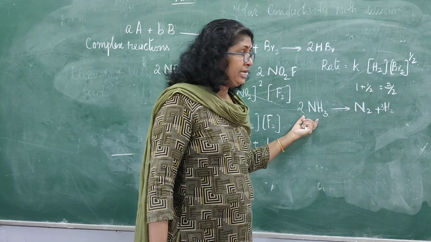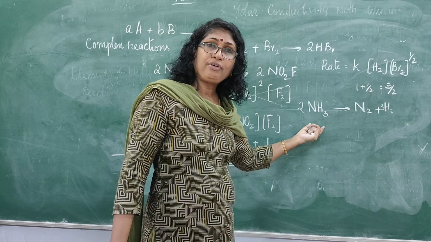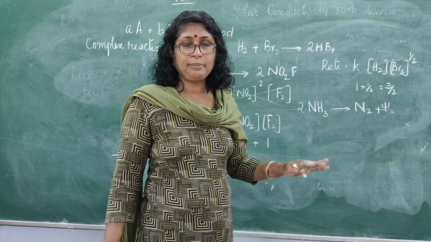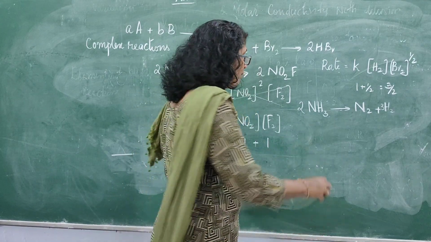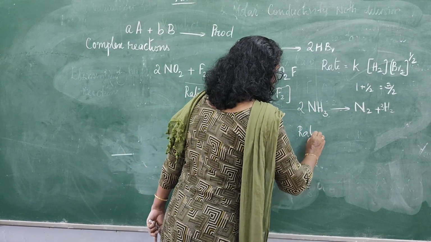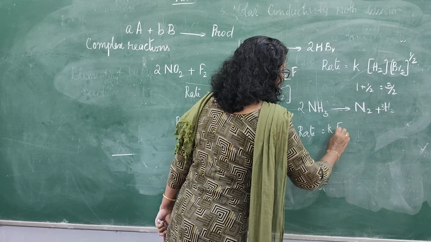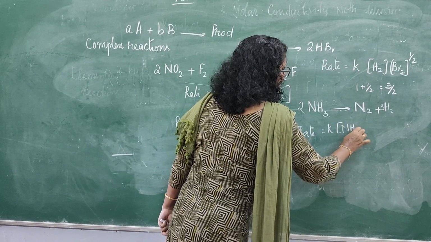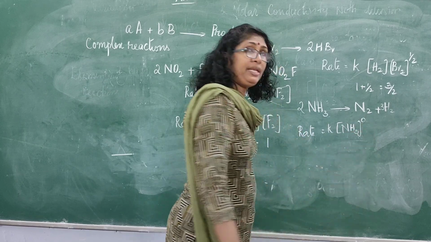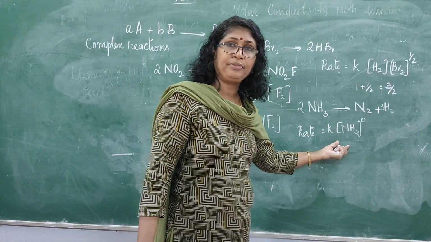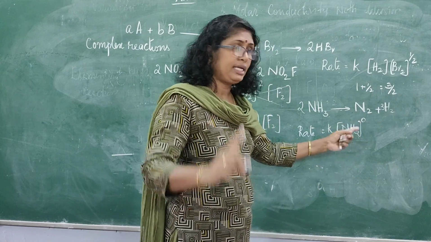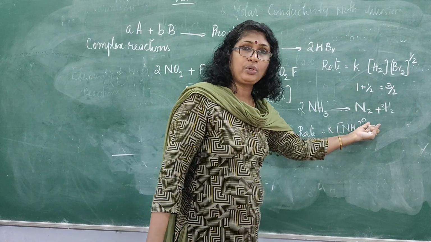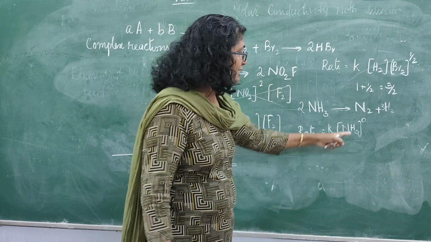But here, whatever the concentration of ammonia, the rate is the same. That means the rate is independent of the concentration of ammonia. Then how will we write it? Rate is equal to K into the molar concentration of NH3 raised to 0, because it is independent of the concentration of ammonia. Independent means this term does not come. NH3 raised to 0 means 1. That means the order of the reaction is 0.